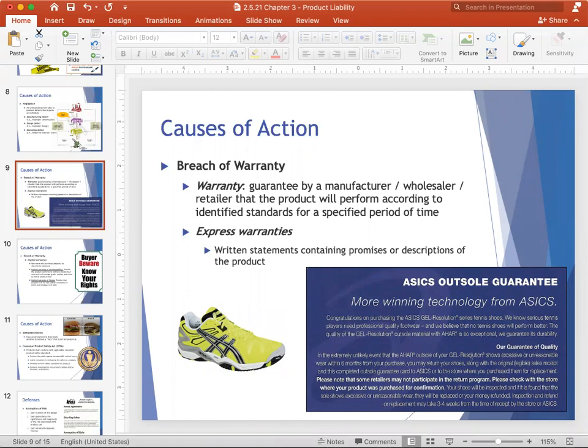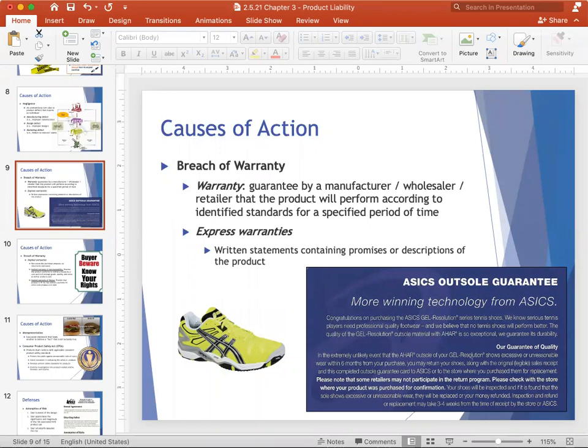Now, there are two different types of warranties. There are express warranties, and then there are implied warranties that consumers just assume. So let's first start off by talking about express warranties. Now, an express warranty made by the seller is an affirmation of fact or promise regarding the goods.